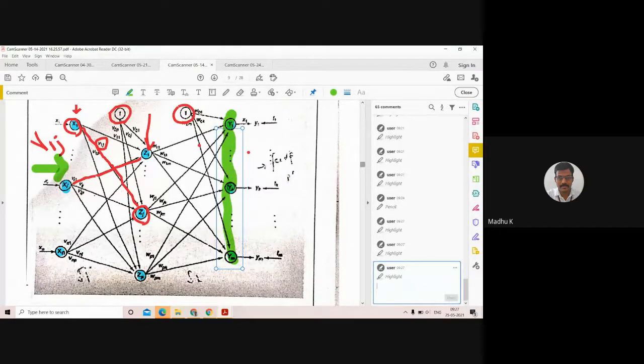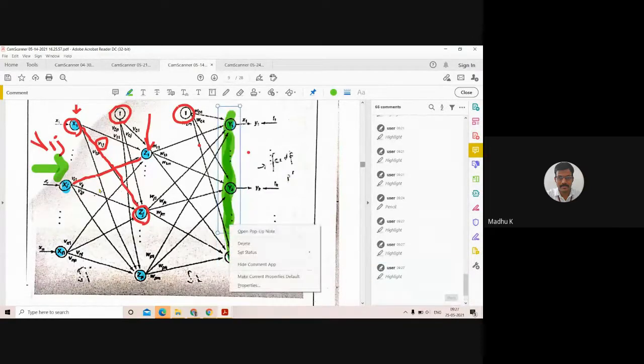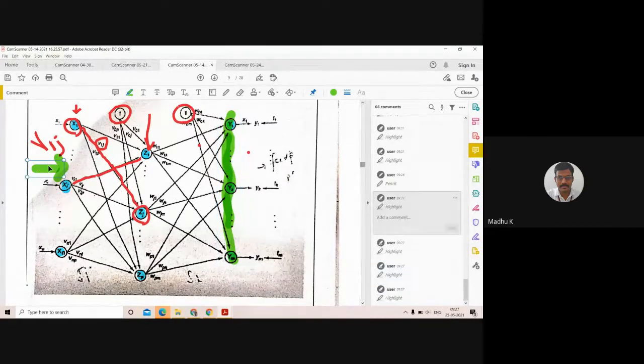We apply the input from here, and then calculate the final output from the output layer neurons. This is called the feed forward phase.